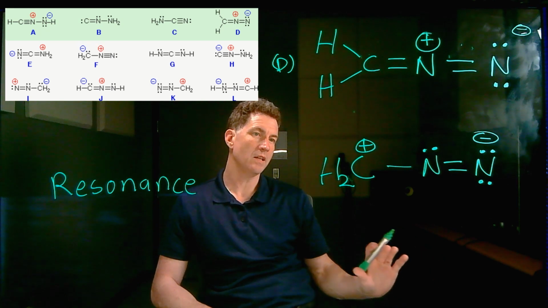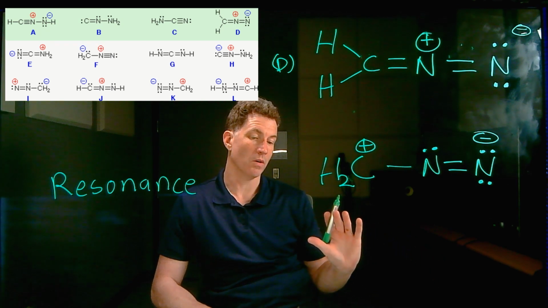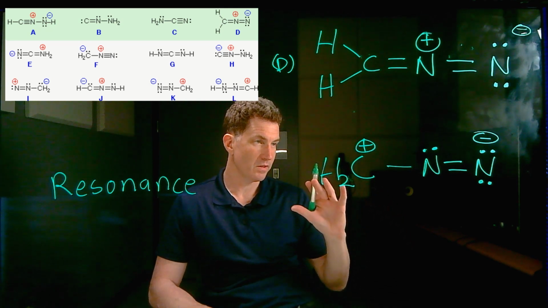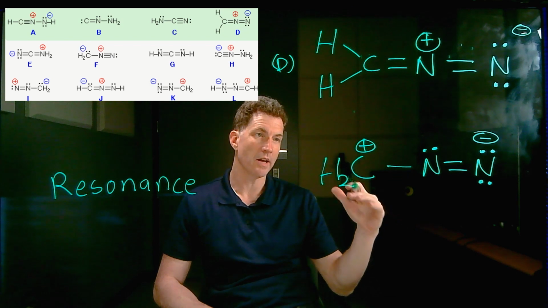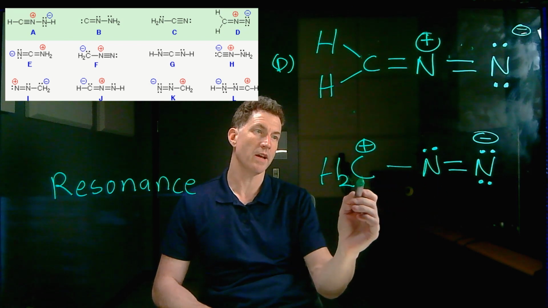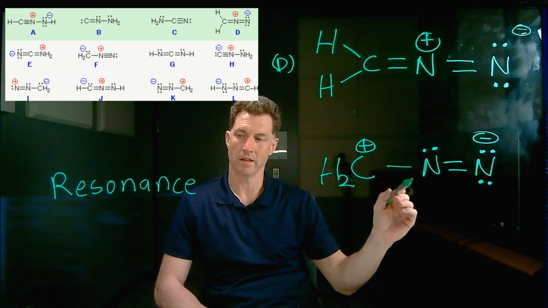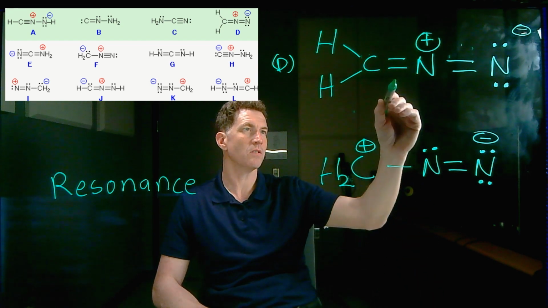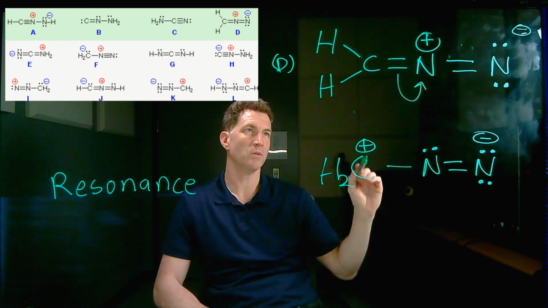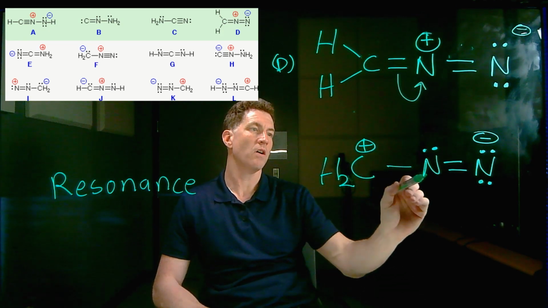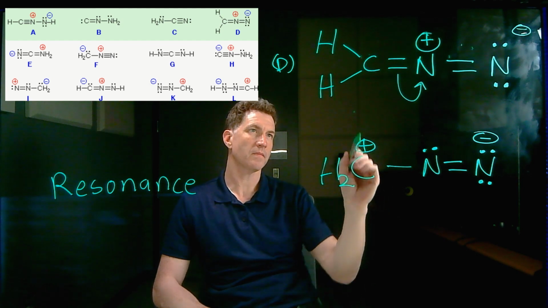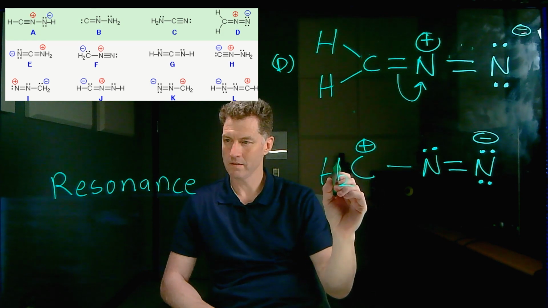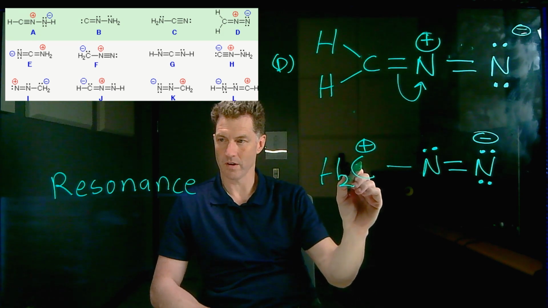Now, we're going to get into what makes some resonance structures better than others, but to the letter of the law, this meets the criteria of being a resonance structure in the sense that we've got the atoms connected in the right sequence. And as far as how we got here, all that was done was to push that bonding pair between the carbon and the nitrogen onto this nitrogen, which left this carbon with only 3 electrons.